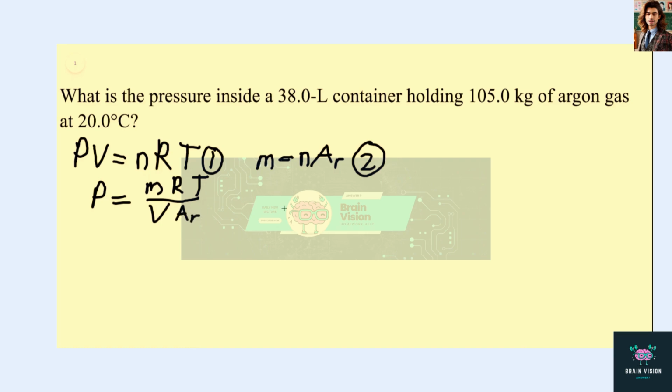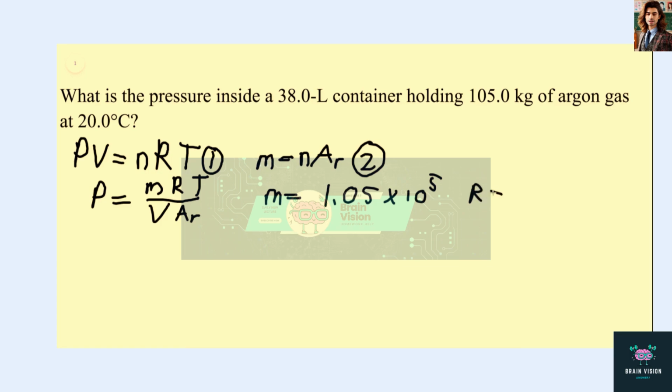I like to stick to standard international units because that means I don't make mistakes when I'm putting this all through a calculator. So the mass M in this case is equal to 1.05 times 10 to the 5 grams.